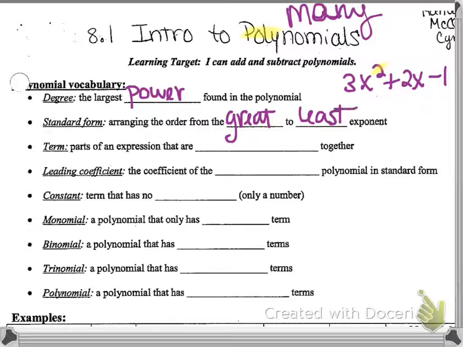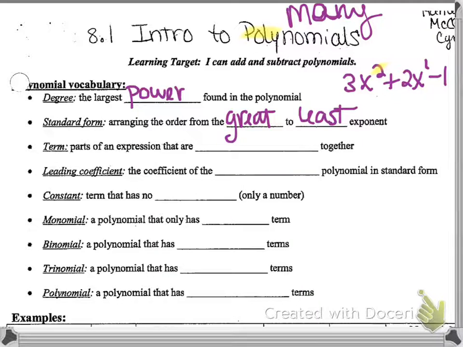So we always want the powers to be going from highest to lowest. I start with my exponent of 2, and then the x just has an exponent of 1, and the constant has a power of 0, degree of 0. So the whole polynomial that has a degree of 2 is listed from greatest to least in order of degree.